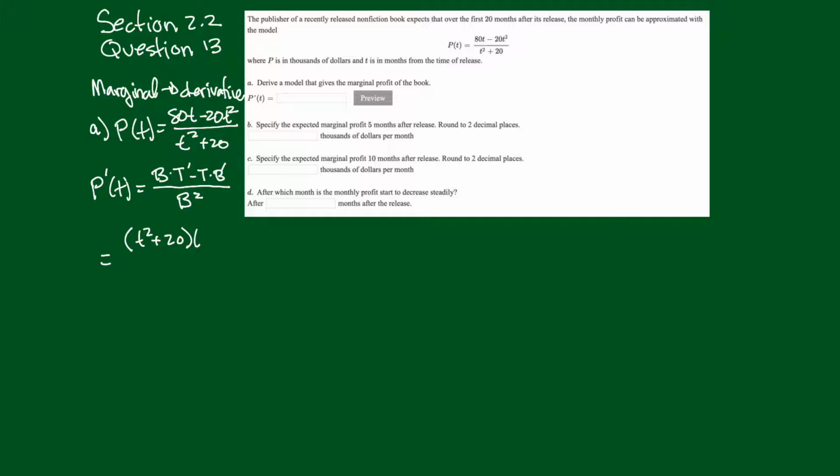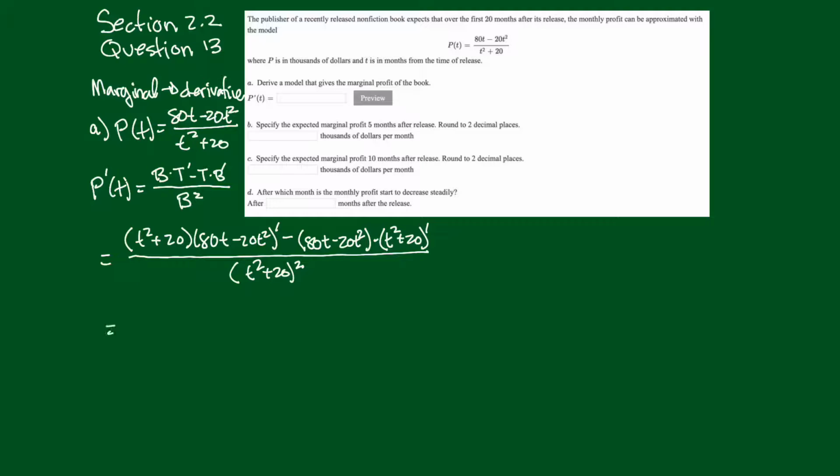The top is 80t minus 20t squared, but I want the derivative of that, and I'll take it in the next step. Minus the top, 80t minus 20t squared, times the derivative of the bottom. The bottom is t squared plus 20, and we'll take that derivative in the next step, all over the bottom squared, so t squared plus 20 squared.